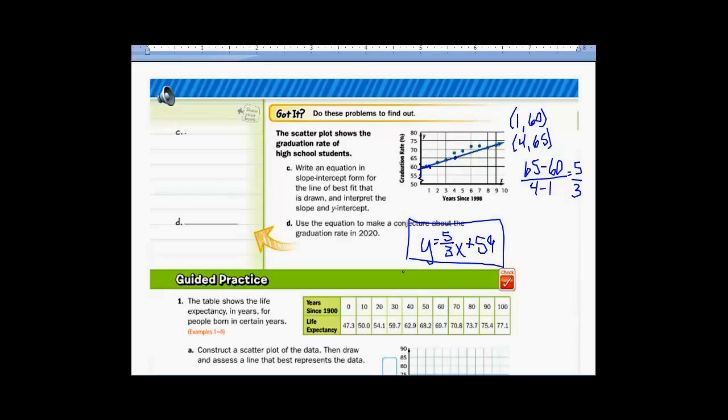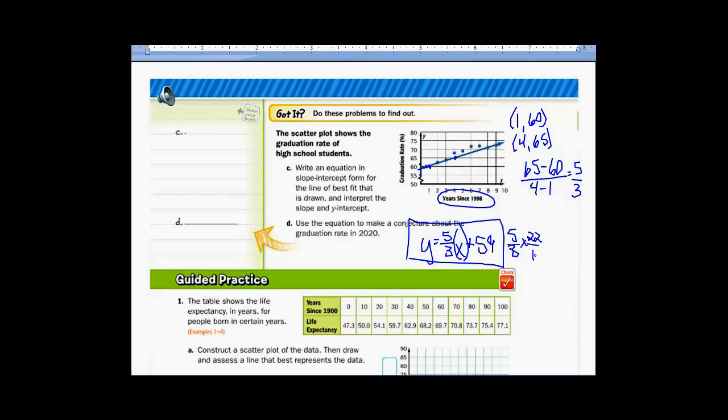Use that equation to make a conjecture about the graduation rate in 2020. Notice these are years since 1998. So how many years after 1998 would 2020 be? It would be 22 years, so I would put in a 22 right there. 5/3 times 22 over 1.